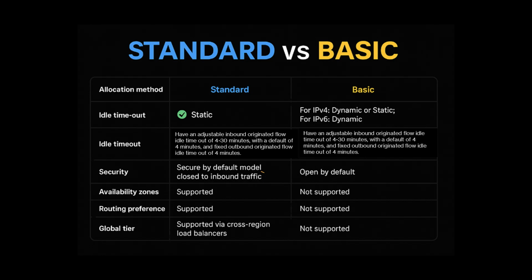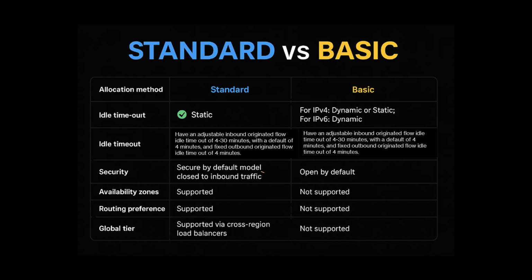Security is another major difference. The standard SKU follows a secure by default model, meaning it blocks inbound traffic unless explicitly allowed through a network security group. If you are using it on a virtual machine, for example, you'll need to configure NSG rules to permit traffic.